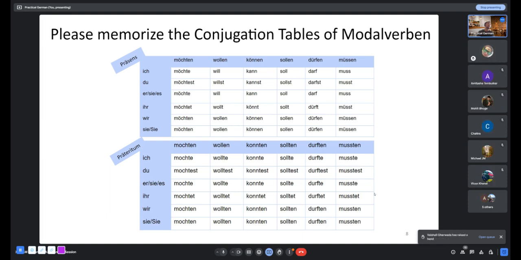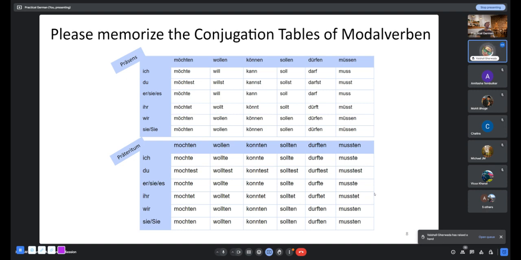Ich will, du willst, er, sie, es will, ihr wollt, wir wollen, sie wollen. Ich kann, du kannst, er, sie, es kann, ihr könnt, wir können, sie können.